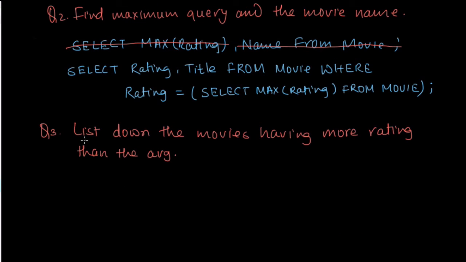In the next query, we have to list the movies having a higher rating than the average rating. Here we have to use the average aggregate function to find the average and then compare the rating of all the movies. We will use the above concept.